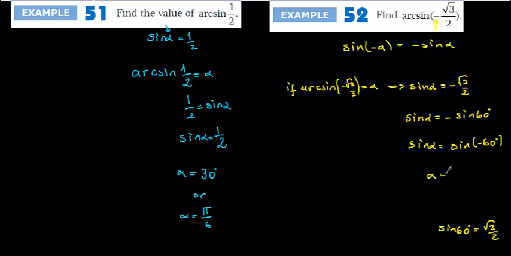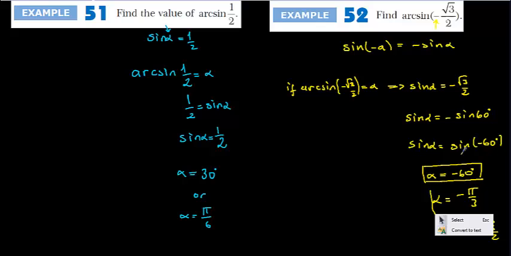So alpha is going to be equal to minus 60 degrees. It can also be written as alpha is equal to minus pi over 3. Both of them give us the same result. So for the negative, we have to be careful. The angle should also be negative for sine. For cosine, it is not the same.